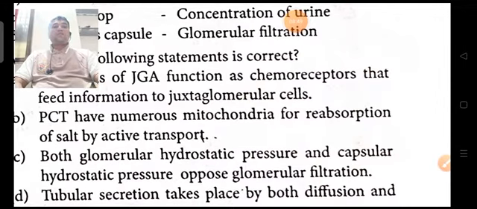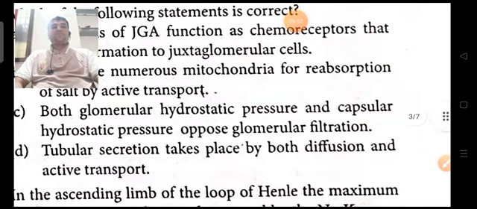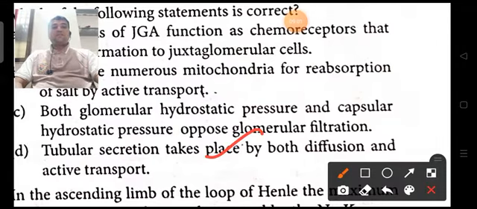Both glomerular hydrostatic pressure and capsular hydrostatic pressure oppose glomerular filtrate. Tubular secretion takes place by both diffusion and... So when you see, this option is right: glomerular hydrostatic pressure and capsular hydrostatic pressure oppose glomerular filtrate.